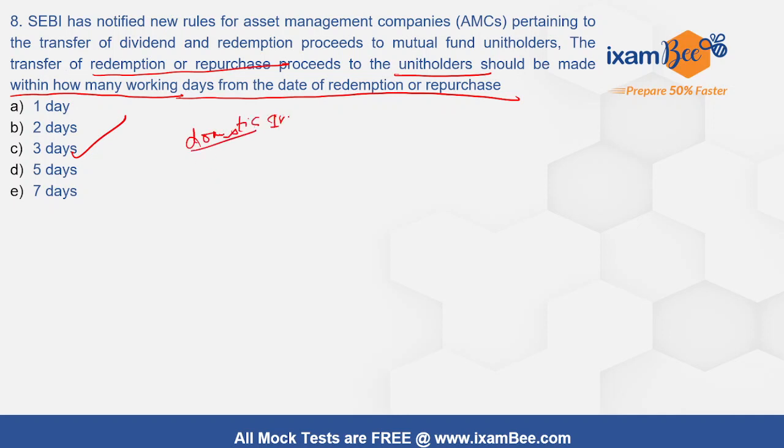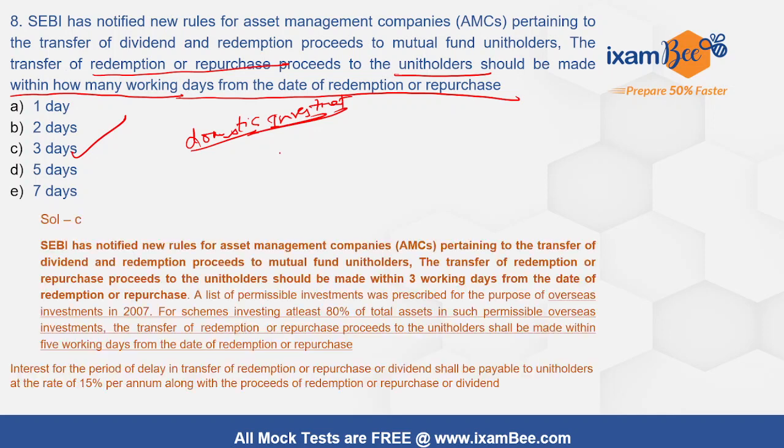If the investments are made in certain specified overseas investments, the permission for the same was given in 2007 by SEBI, right? So if a scheme has invested at least 80% of its total assets in such permissible overseas investments, then in that case the period would be within 5 working days from the date of redemption or repurchase.